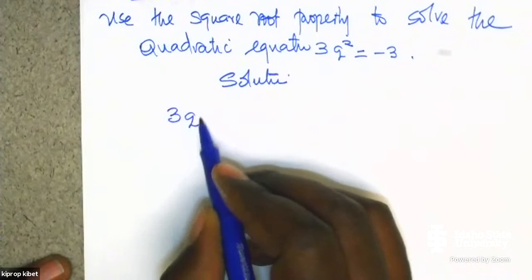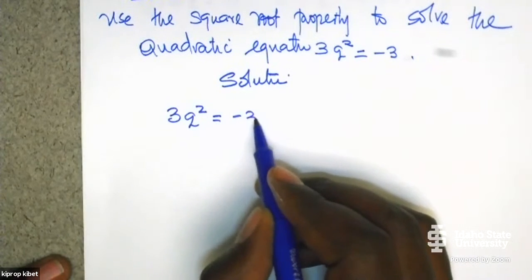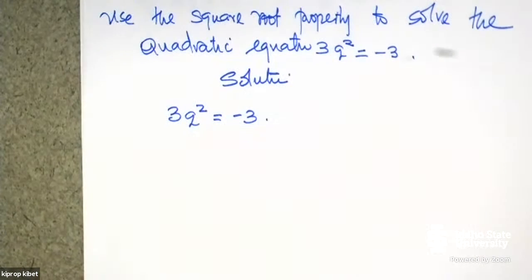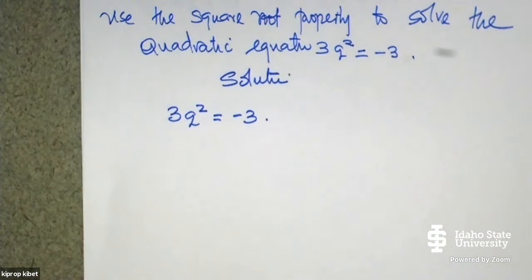3q squared equals negative 3. How will you use the square root property? Here, you make sure that the root is on one side and the other values are on the other side.